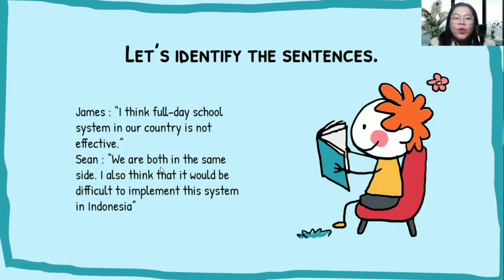Why? "We are both on the same side" means Dan feels what James feels, and Dan agrees that full-day school in Indonesia is not effective. So Dan said, "We are both on the same side." This is the expression of agreement.